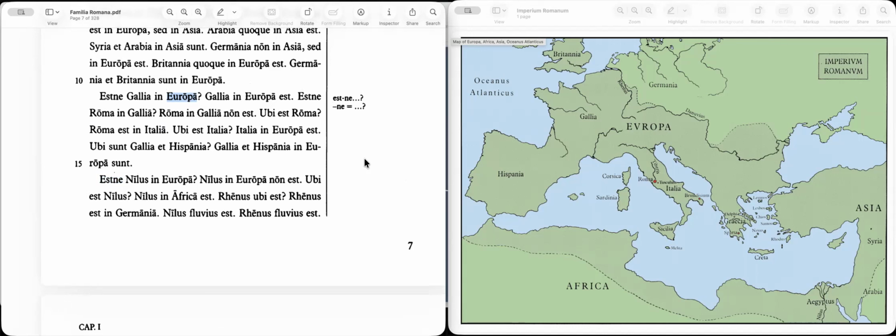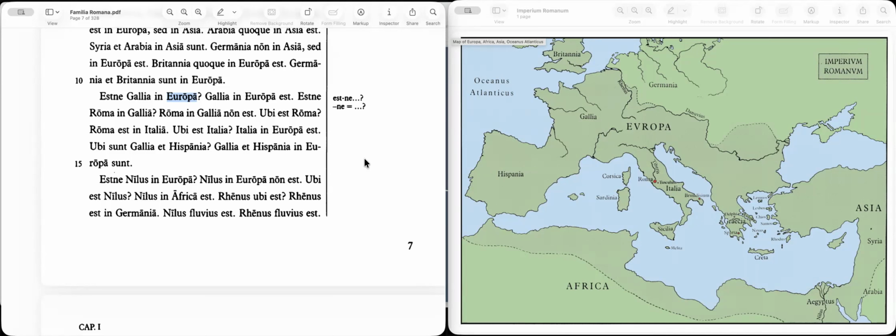If you listen to the Latin recording, you'll hear him say Europa. So it's like an oy, like a Jewish mother, oy vey. I should have mentioned that earlier in the pronunciation section. There's probably a few other sounds I missed.